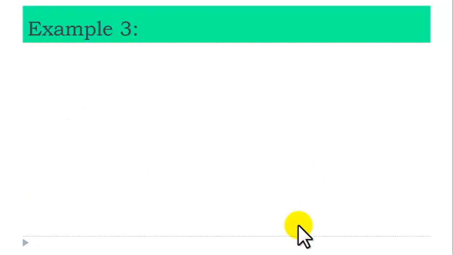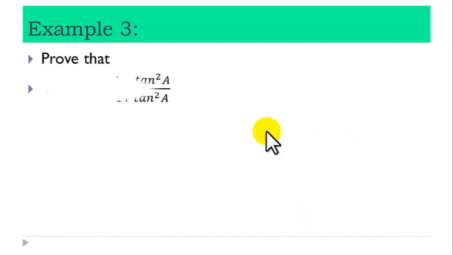Example 3. Prove that cos 2A is equal to 1 minus tan squared A all over 1 plus tan squared A. Proof.